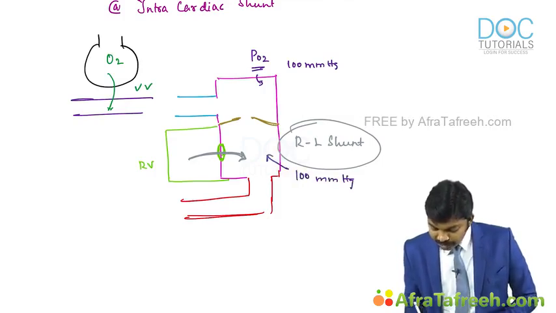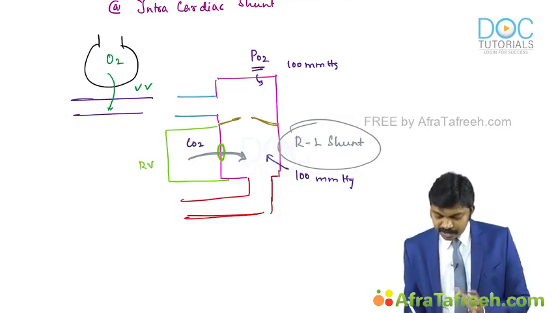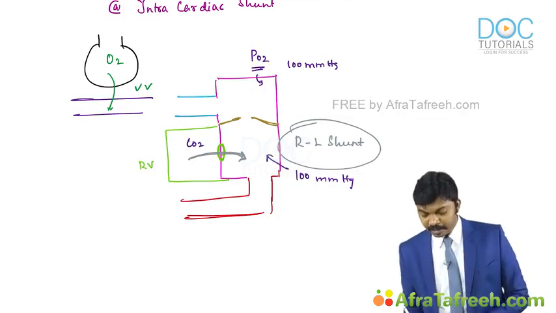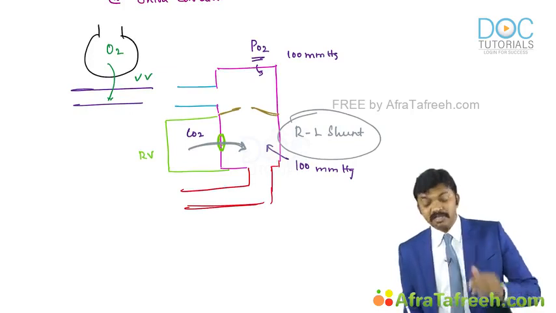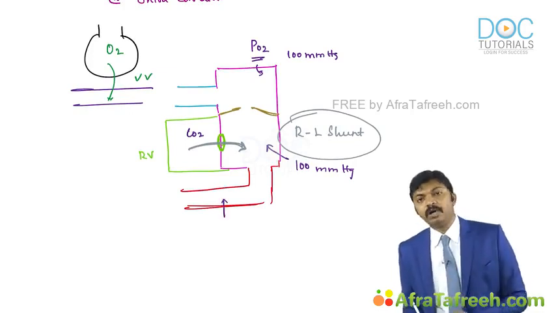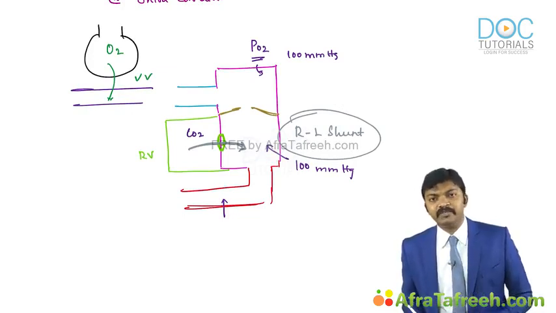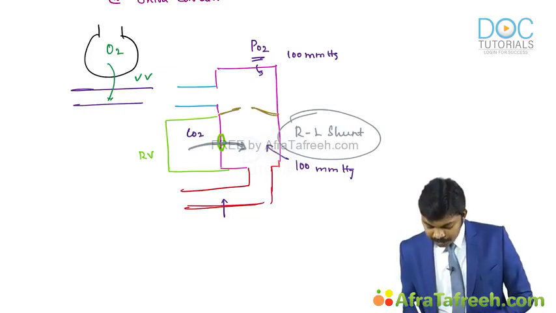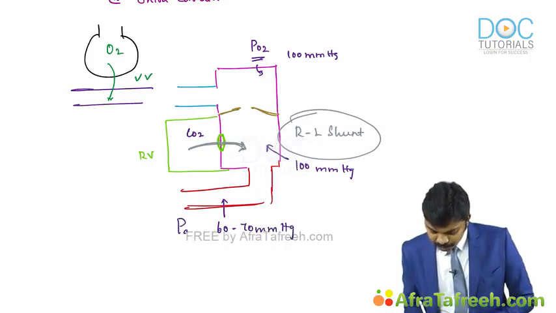Now, because of contamination by carbon dioxide rich blood into the left ventricle, the partial pressure of oxygen falls. So, when it comes to the artery, instead of the normal 98 millimeters of mercury, we now have about 60 to 70 on average. For example, I am saying, doctors, partial pressure of arterial oxygen.